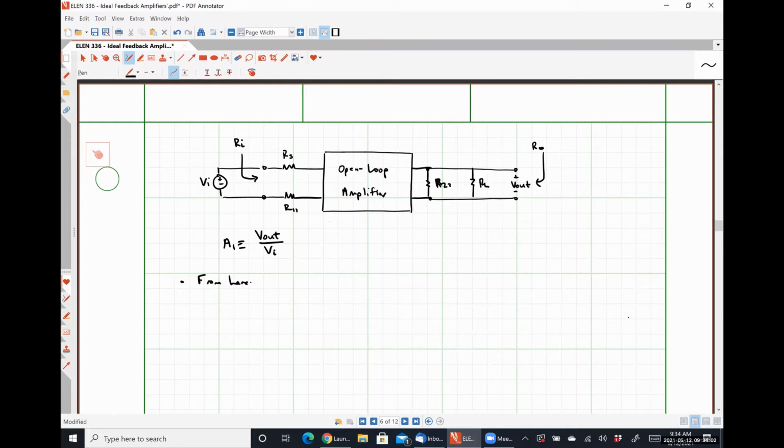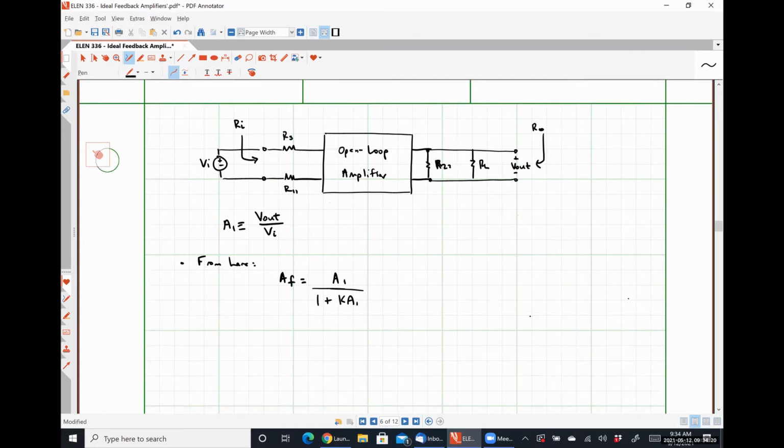So from here, we have AF is equal to A1 over 1 plus KA1. Our RIF, our input resistance with feedback, is going to be RI, our open loop input resistance, times a factor of 1 plus KA1.